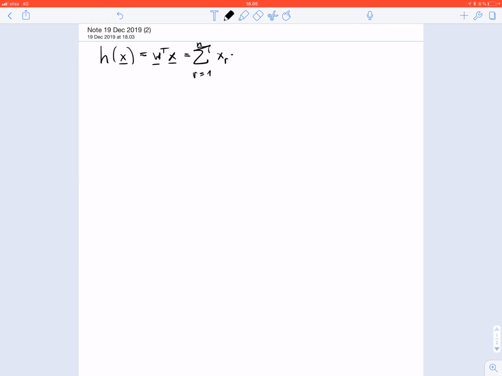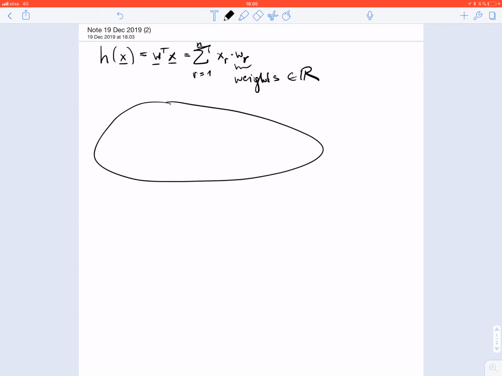So we sum all the features from 1 to n and weight them by some weight. These are weights which are, for example, real numbers, in the most basic case. And the set of all functions of this form is a particular hypothesis space.